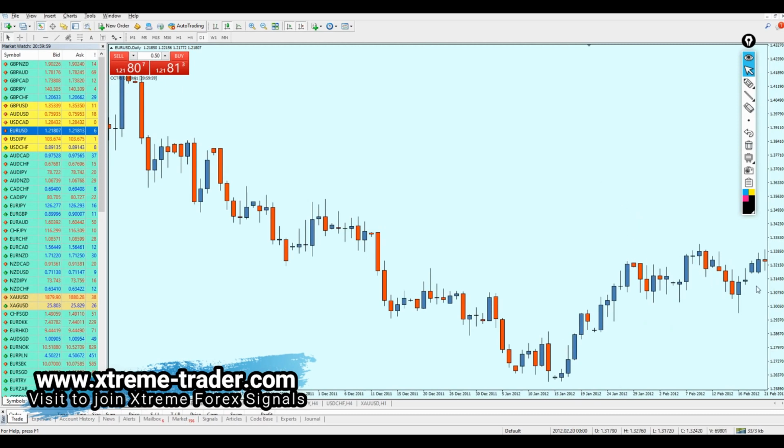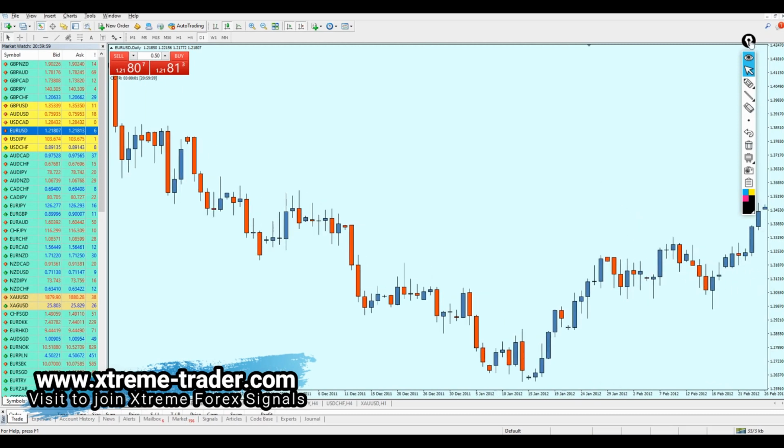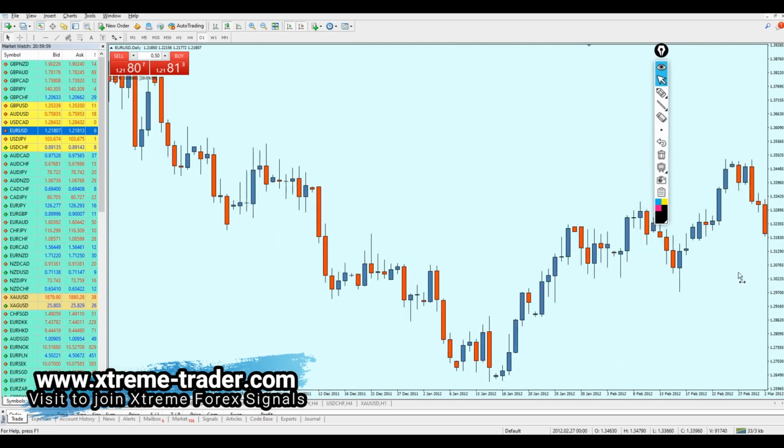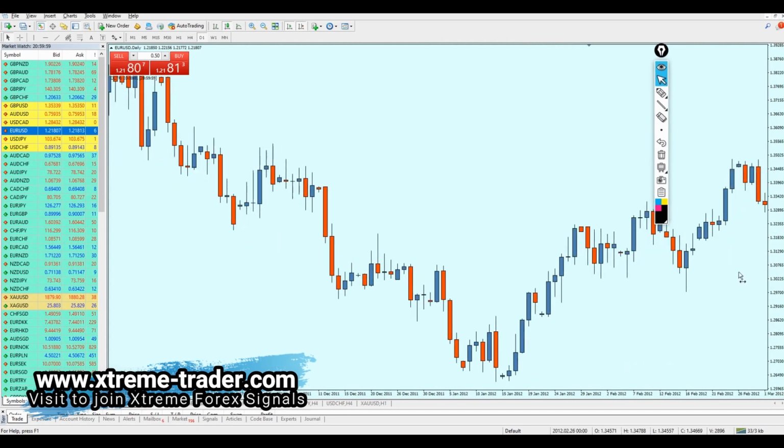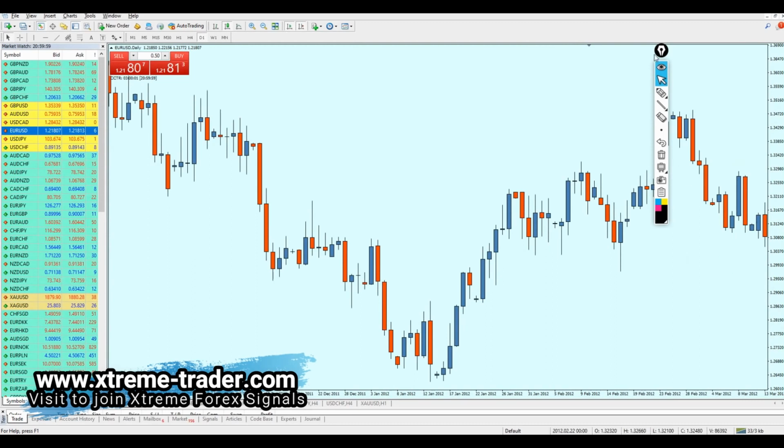So let's continue. I want to scroll more to the right, and let's see if we can identify it. It happened. I was going to guess this one. As we can see right here, this is the candle, guys. I was gonna guess that the market will fall after the appearance of the candle. Look at that. This is very important.